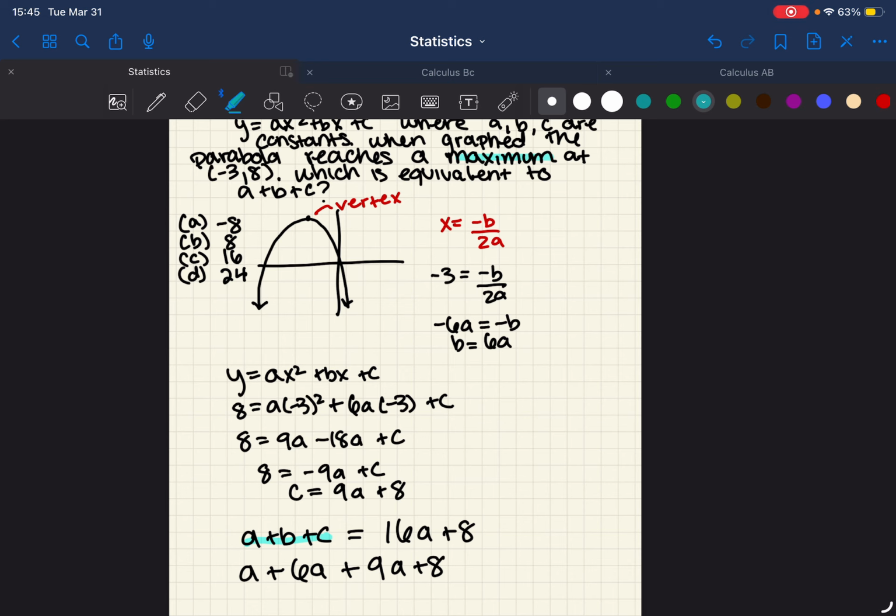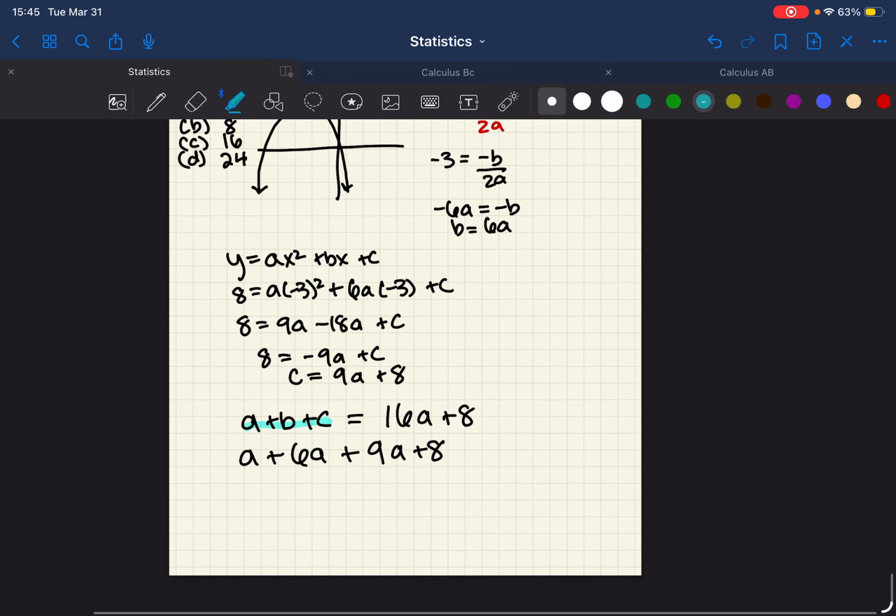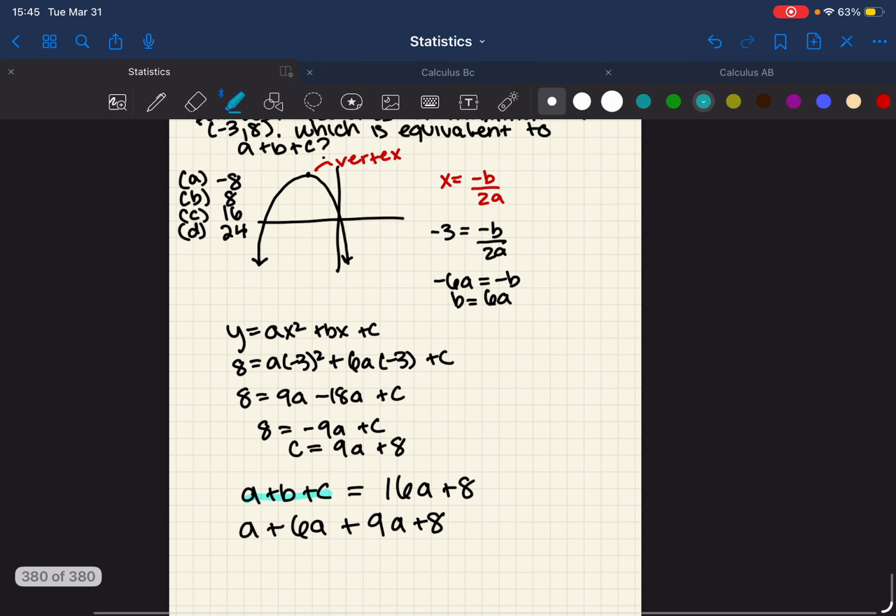So what I'm going to do now is use what I got, 16a plus 8, and set it equal to each of the values in the answer choices, and whichever one gives me a negative a, I know that's the answer. So let's go ahead and do that.